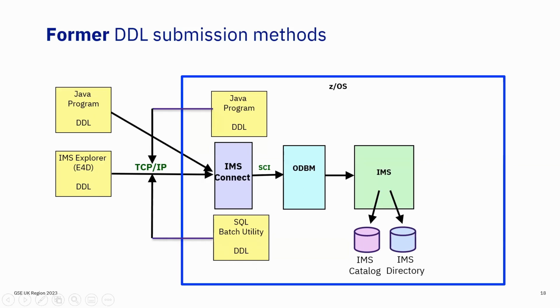In all three of these ways, when you submit the DDL, it goes through TCP/IP into IMS Connect. From IMS Connect, it goes into ODBM, and then from ODBM into IMS, right? We've had those three ways available since version 14. It's still around, and we don't have any plans of getting rid of that.